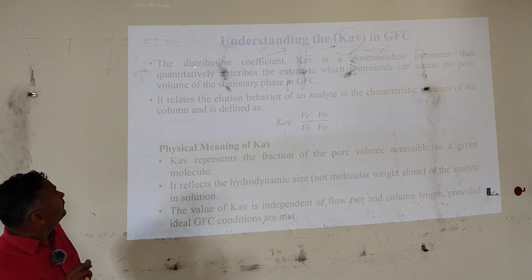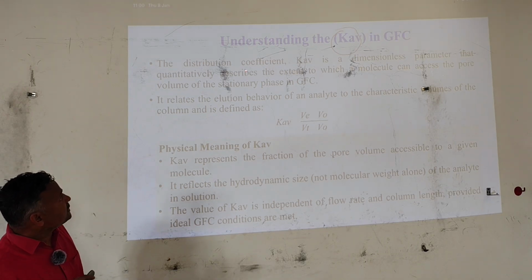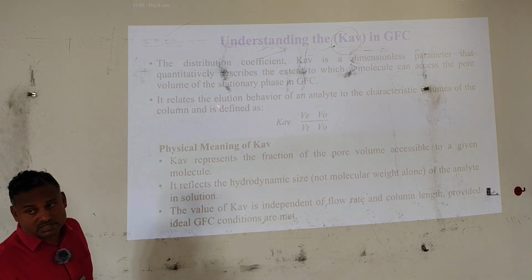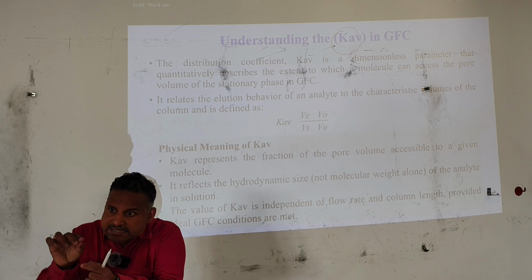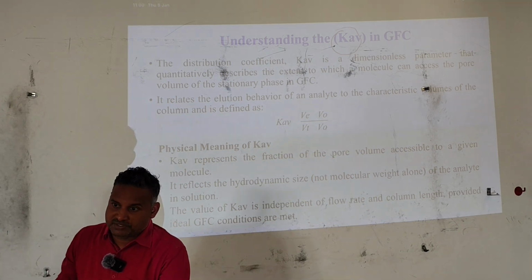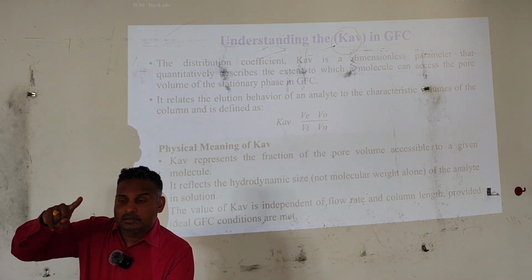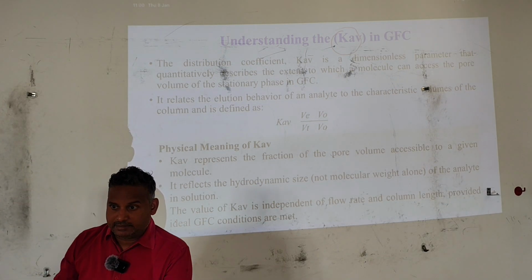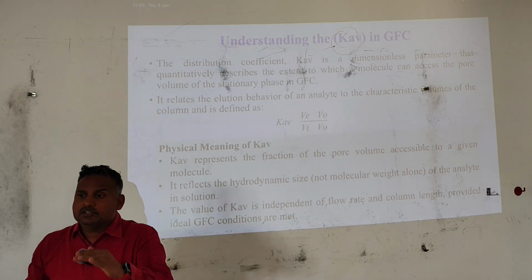So the distribution coefficient or distribution constant quantitatively describes the extent to which molecules can access the pore volume of the stationary phase. That means to what extent molecules are entering inside the pores. If they are entering inside the pores, the distribution constant will be high. If they are not entering inside, the distribution constant will be low.